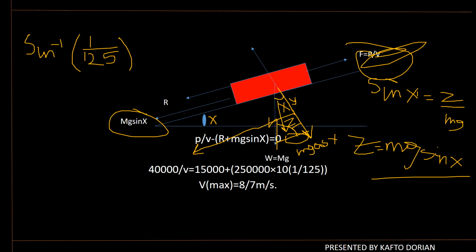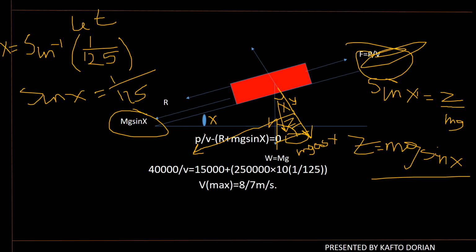Yeah, you realize that. So if I let x to be equal to sine inverse of 1 on 125, it means that sine x will be equal to 1 on 125.